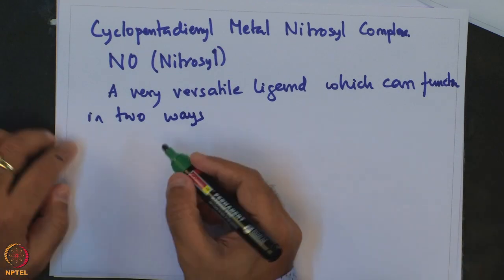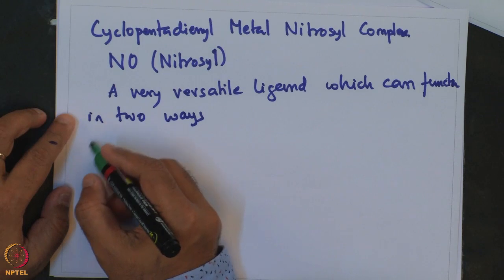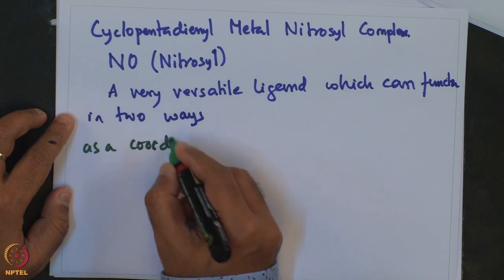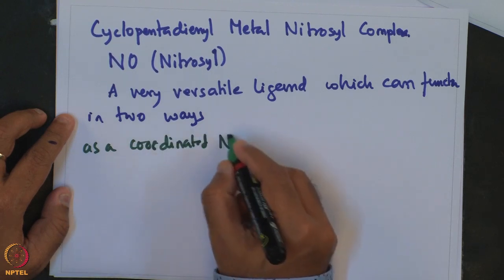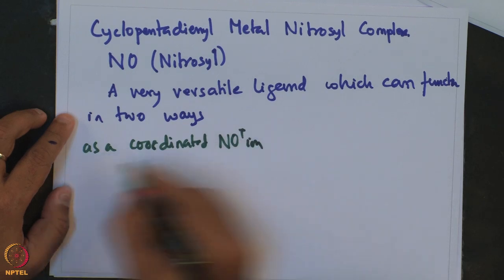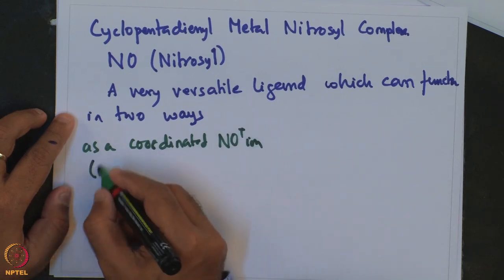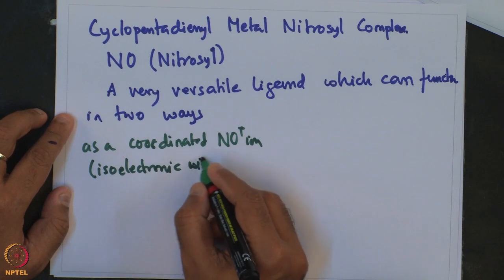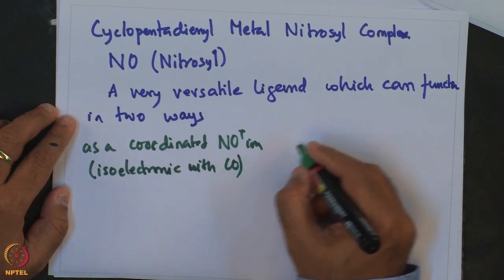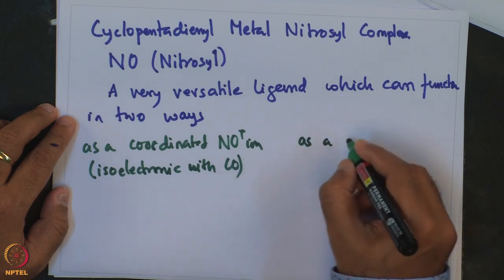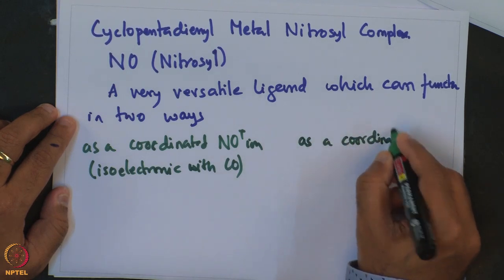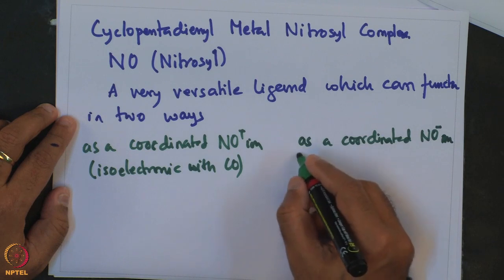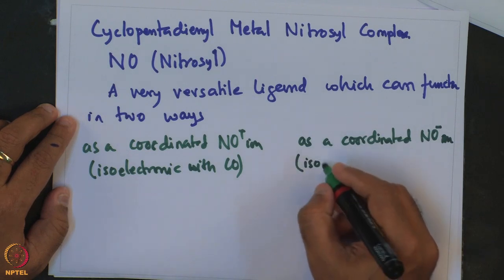One is as a coordinated NO+ ion. In this state, it is isoelectronic with CO. Or as a coordinated NO- ion. In this case, it is isoelectronic with O2.